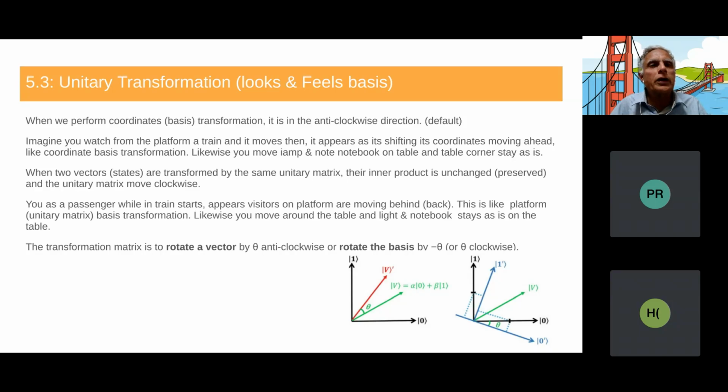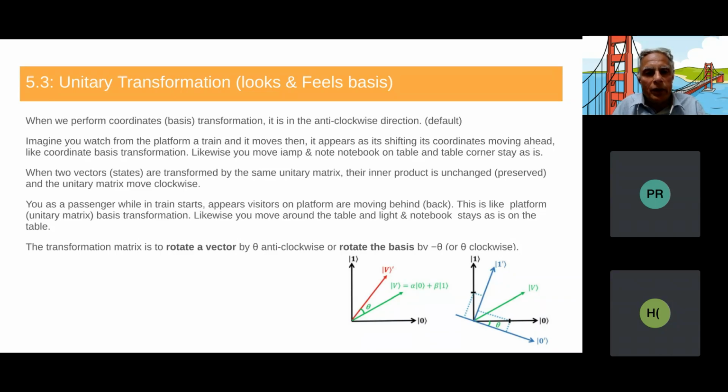To achieve the same result, if you had moved it clockwise previously, you have to move the table anti-clockwise to get the notebook in front of you with the proper lamp. This is similar to when your train is moving and you are not the passenger in the train; you are outside the train, looking in. For the passenger inside, it will be a different view.